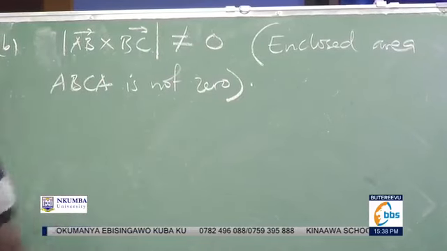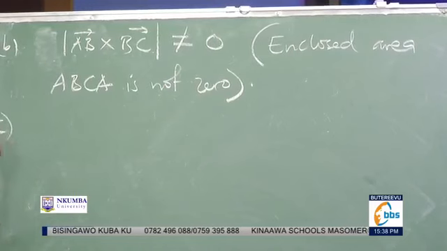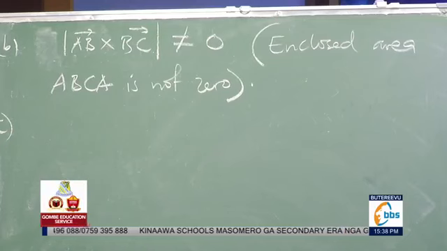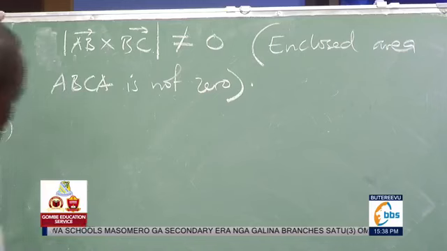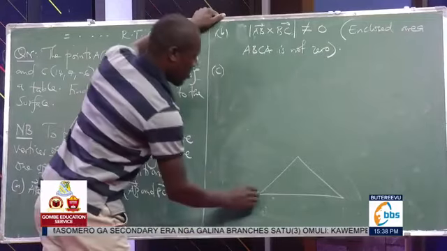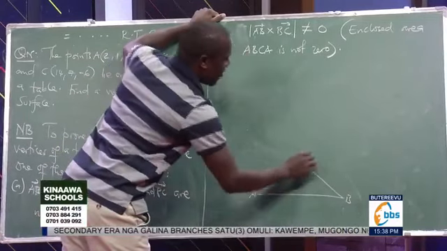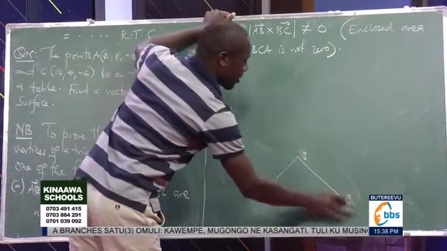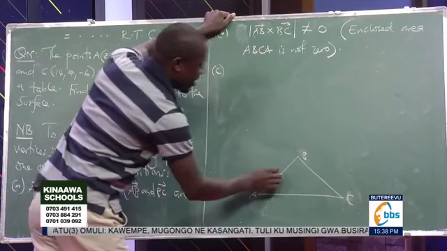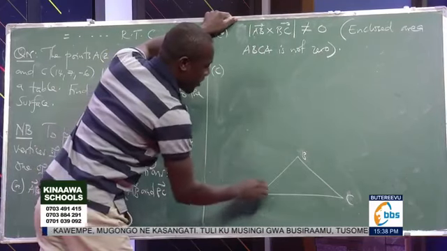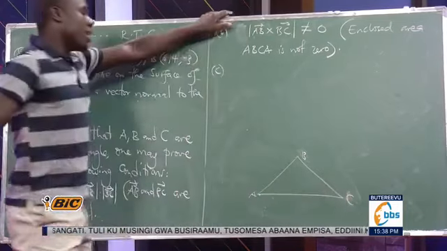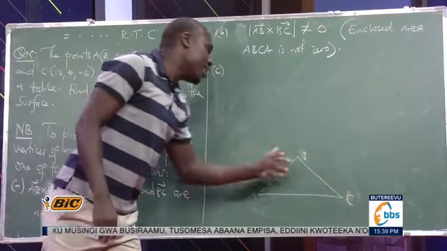Then the other thing we could use is the renowned triangle inequality. If we have a triangle ABC, every triangle must satisfy this: when you get one length and you add the other length, it should always be bigger than the other length.